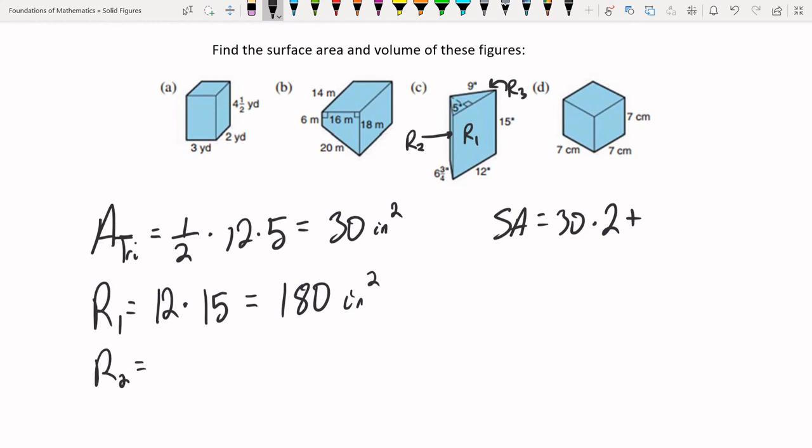Rectangle 2, we have this tall dimension here is 15 inches. It's the same thing as this one. So we have 15 inches tall, and it's 6 3/4 inches wide.